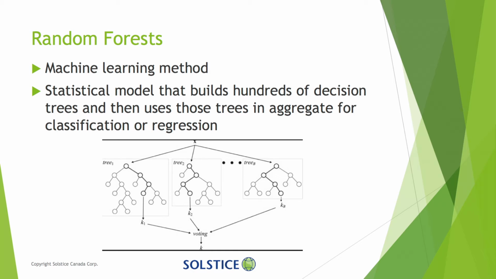It also has fewer issues with overtraining, where you build models that fit really well for the data you fed in, but don't work well when you move them to new areas. The modeling process builds hundreds of decision trees and classification trees, then runs your data set through each of those trees and uses the results in aggregate to come up with a classification.